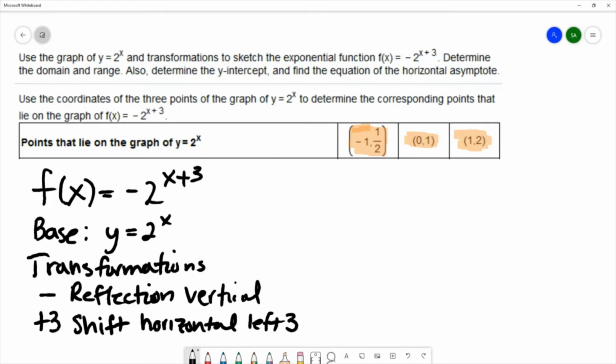So these are the transformations that we have. And what we want to do is use those transformations to determine what happens to this ordered pair. So we're going to start with the transformation of shifting left and then do the transformation of reflecting vertically.